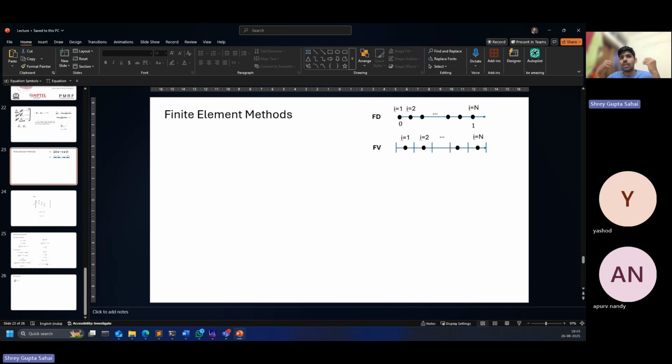Whatever function you have, some function that you will get analytically by some complex method, finite volume and finite difference both get the values at some nodes. In finite volume, you also get fluxes, so fluxes are the gradient in that function. But finite element tries to construct that function.